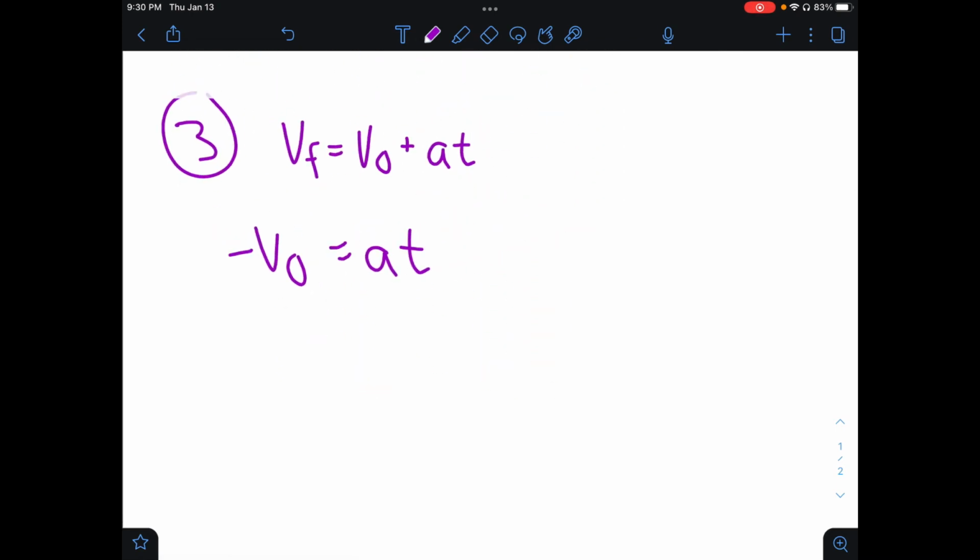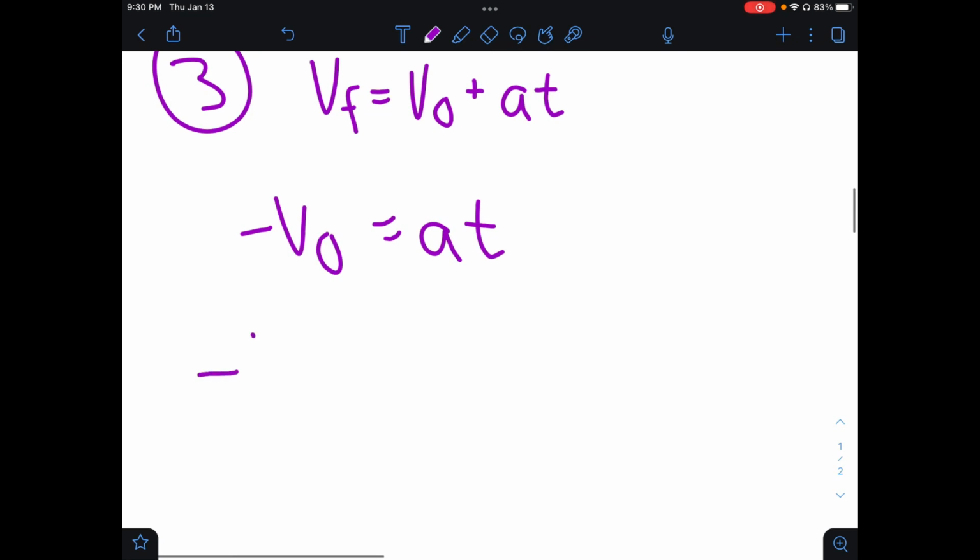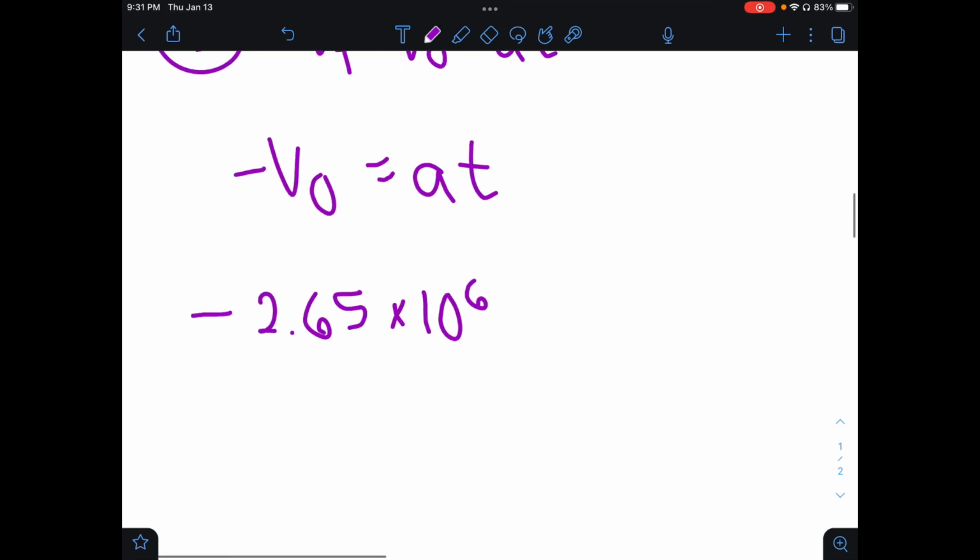Now, this velocity has a negative sign because we subtracted it. I'm just going to do a few things in one step here.